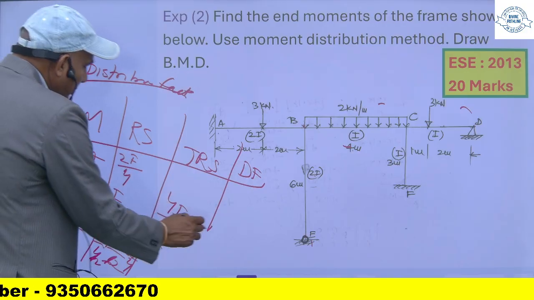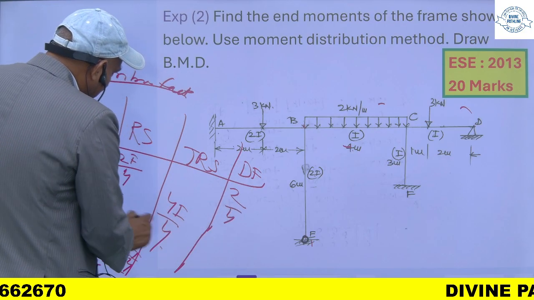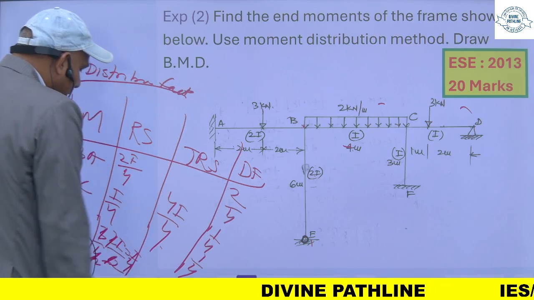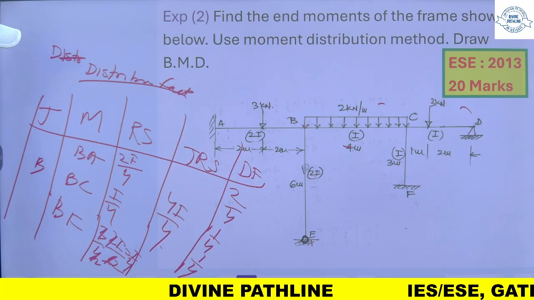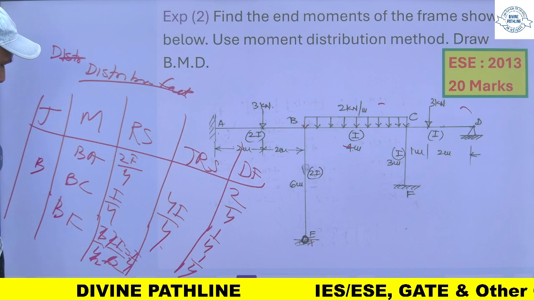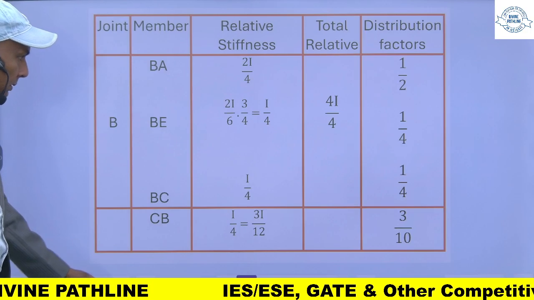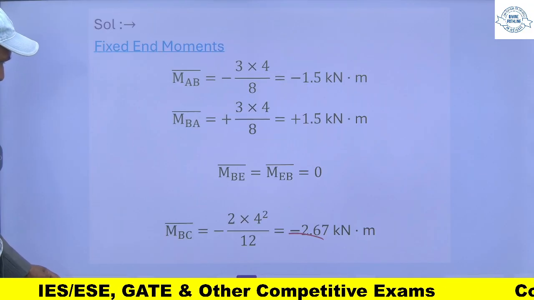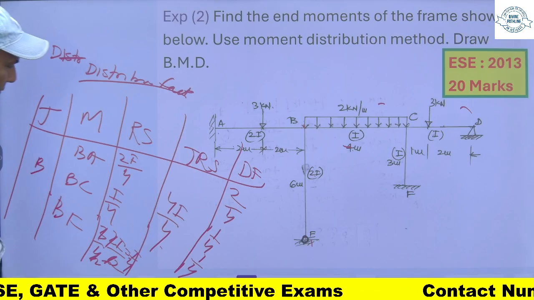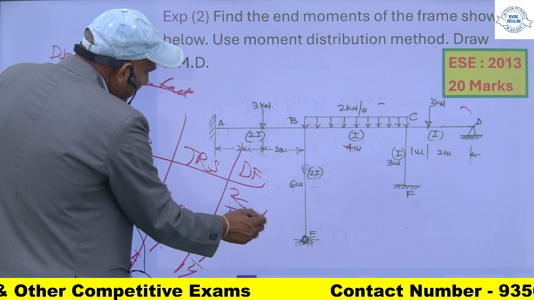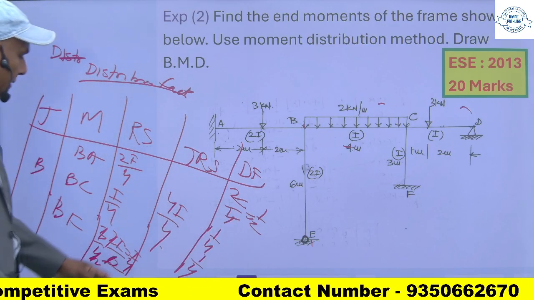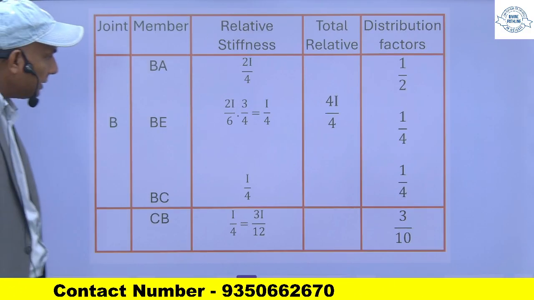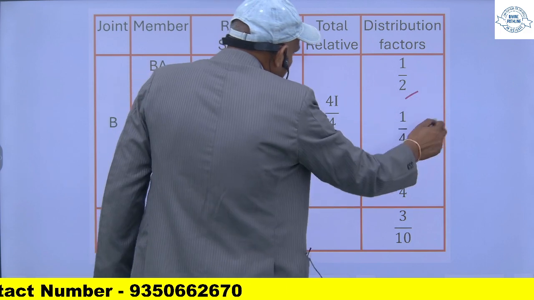So this will be 2 by 4, 1 by 4, and 1 by 4. You will get this, and this you can say 1 by 2. So 1 by 2, 1 by 4, and 1 by 4. So these are the distribution factors for this member.